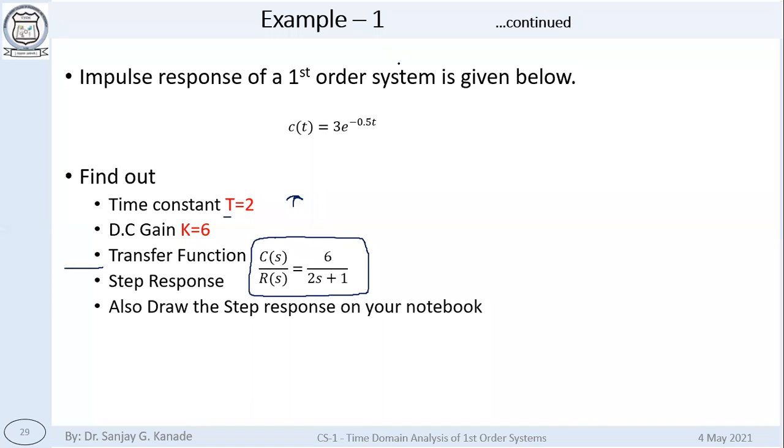Just guess, whatever you think, tell me. How can we find the step response? We have the impulse response. We also have the transfer function. We have two things.